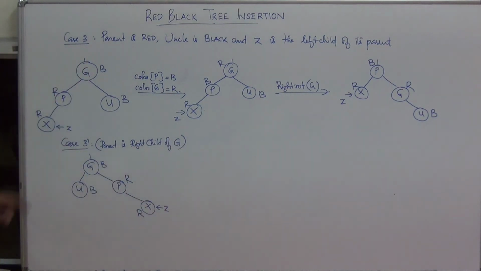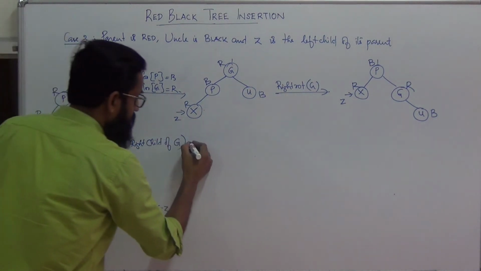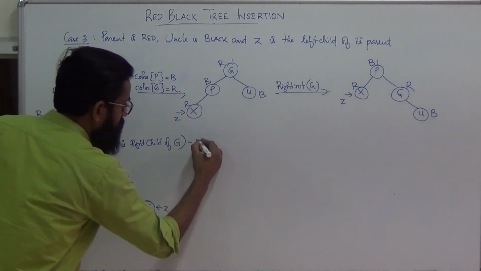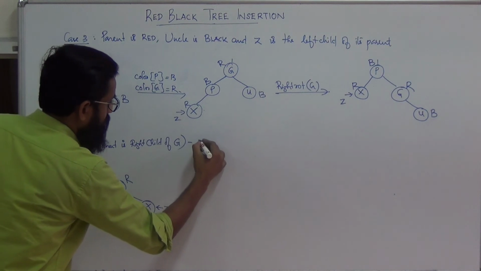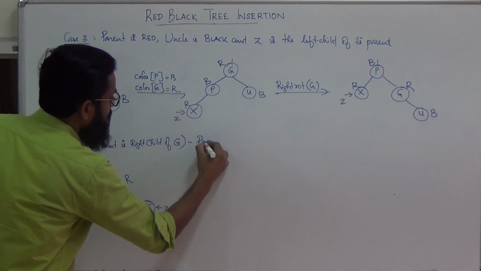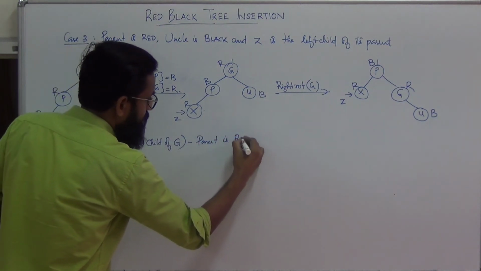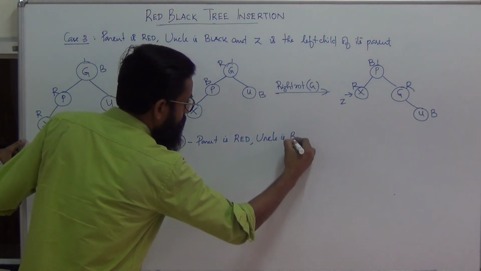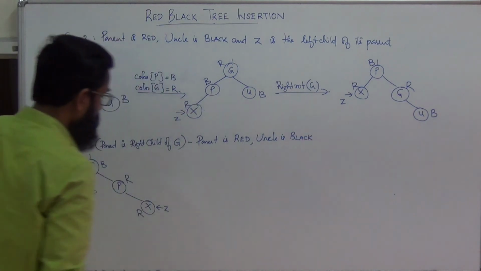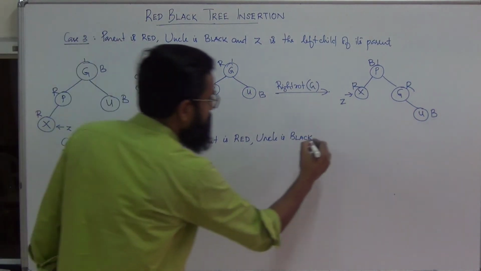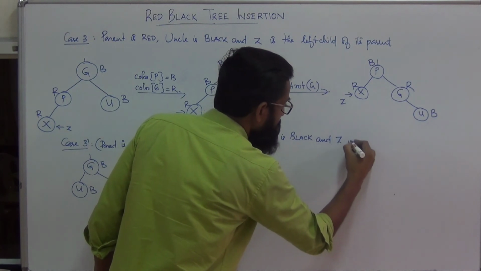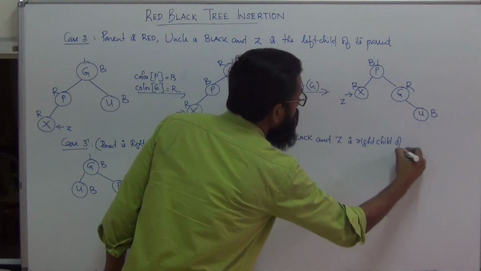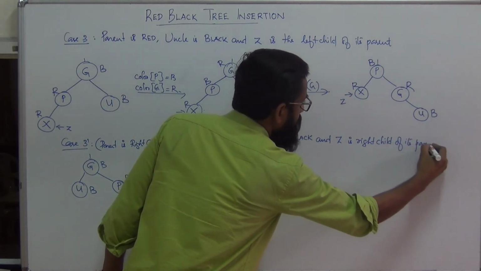If parent is right child of grandparent, then you have to check parent is red, uncle is black, and new node Z is right child of its parent.